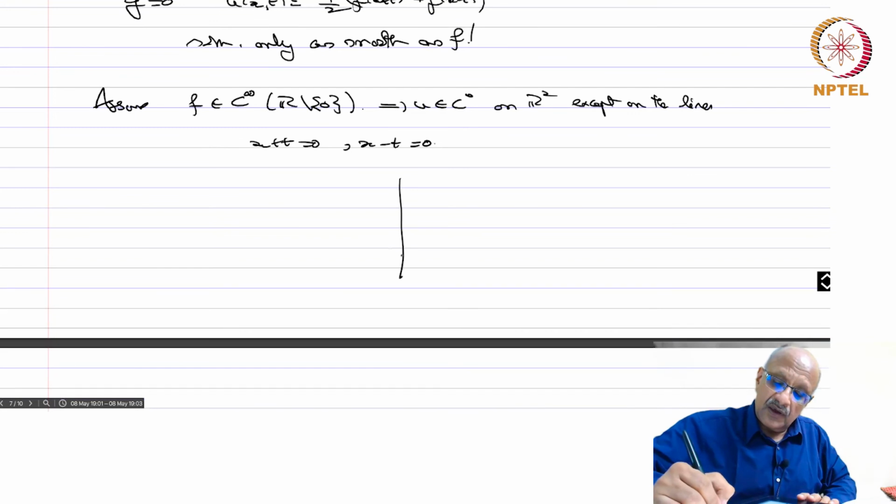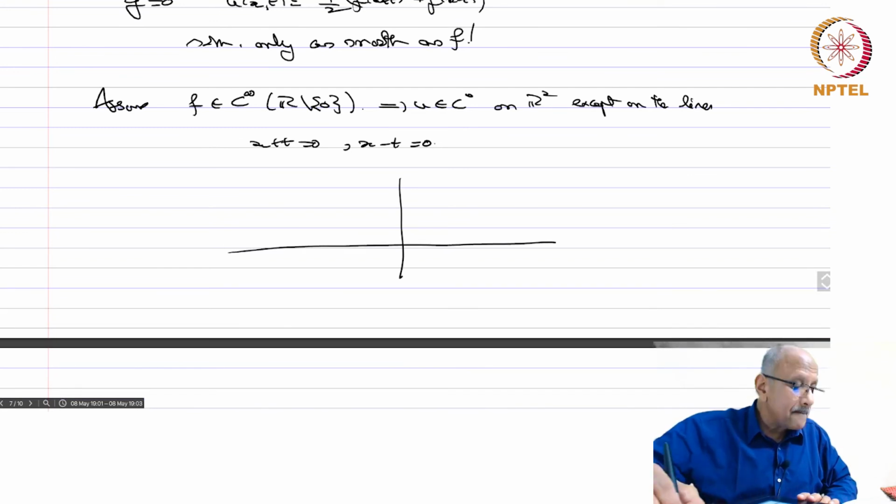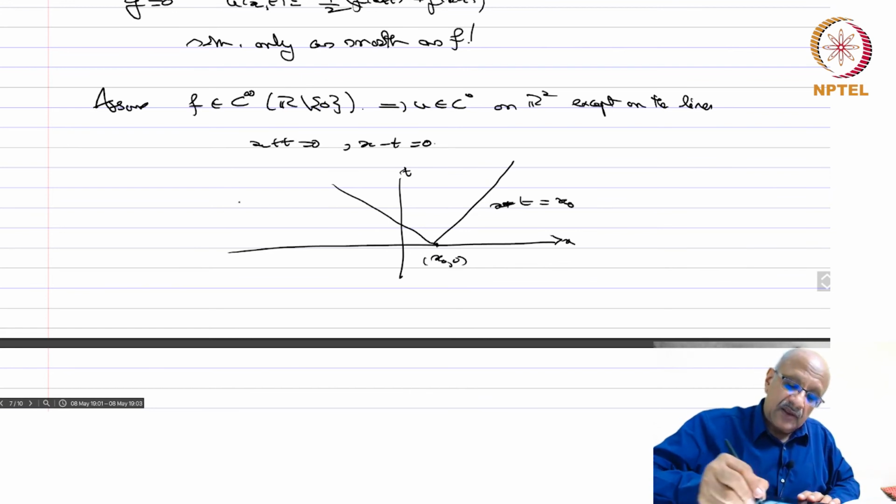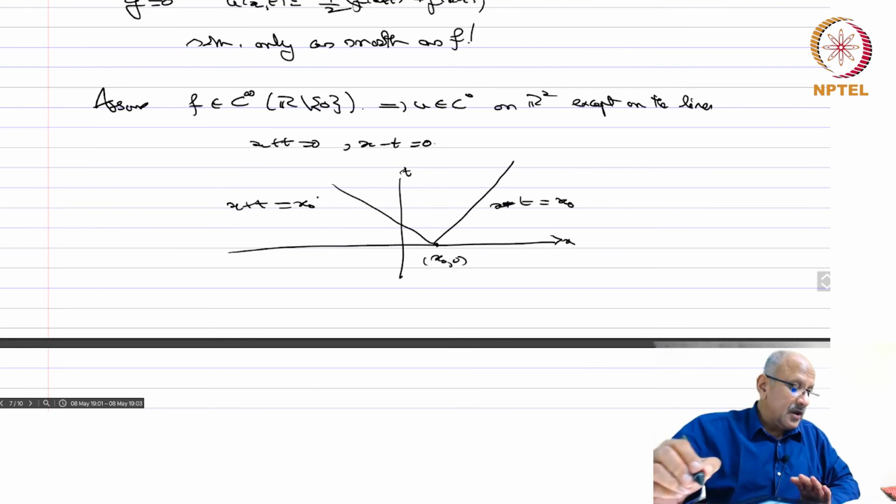So you have here x and here you have t, and then you have a point x naught, 0, and then you have these lines here, x + t equals x naught and x − t equals x naught. These are the constant lines.